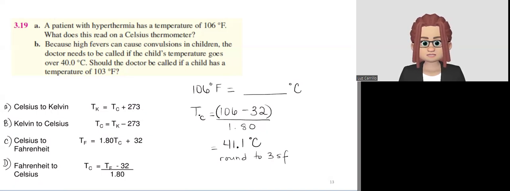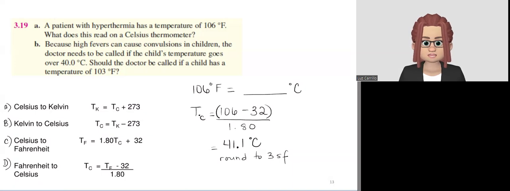Take a moment and do problem 3.19, letter B, which states, because fevers can cause convulsions in children, the doctor needs to be called if a child's temperature goes over 40.0 degrees Celsius. Then we have the question that we're interested in.